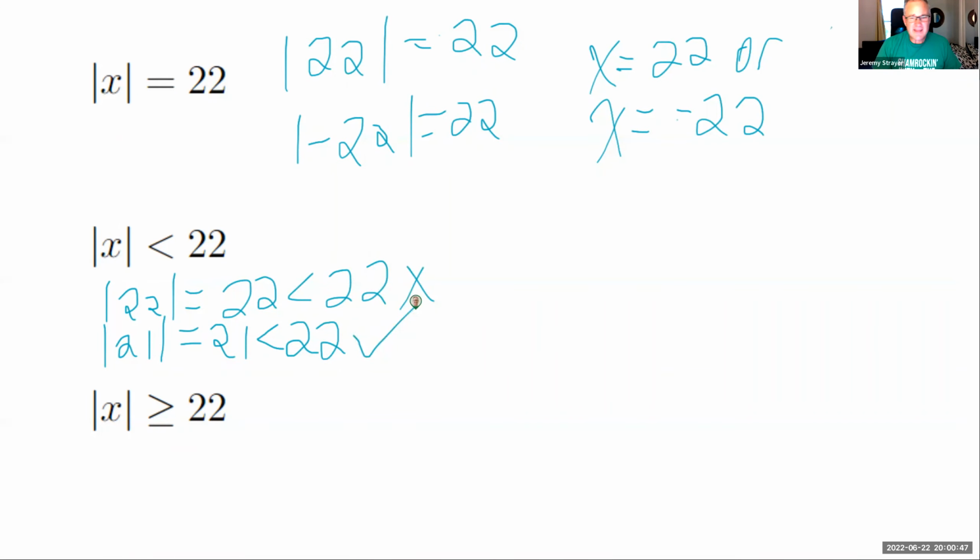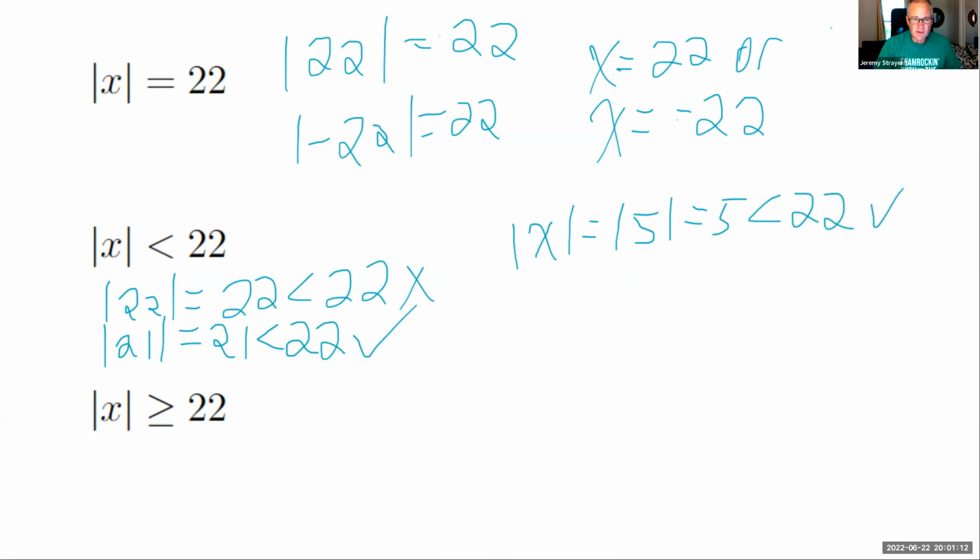So anything less than 22 will work, right? Like 21 and a half, 20, 19. We could even think of, if x was 5, we would have absolute value of 5. So that's equal to 5, and that's less than 22. So that checks out. x equals 5 works.